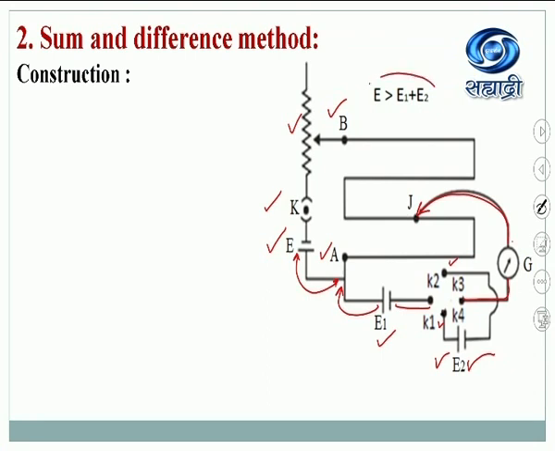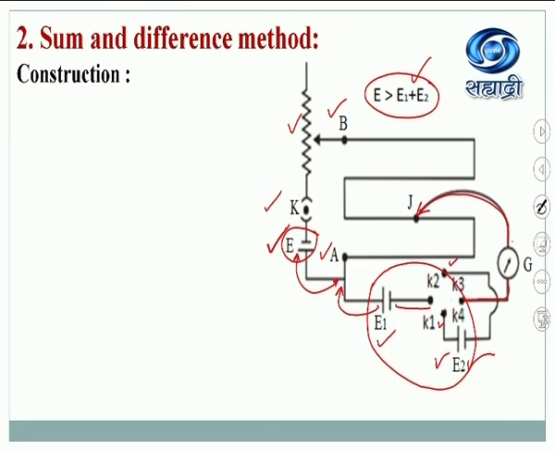Here again, this is very important. The EMF of this circuit, this E, must be greater than E1 plus E2. Always remember, whenever we use the potentiometer in the circuit for comparison, this EMF E must be greater than whatever the total EMF we are connecting in the circuit.